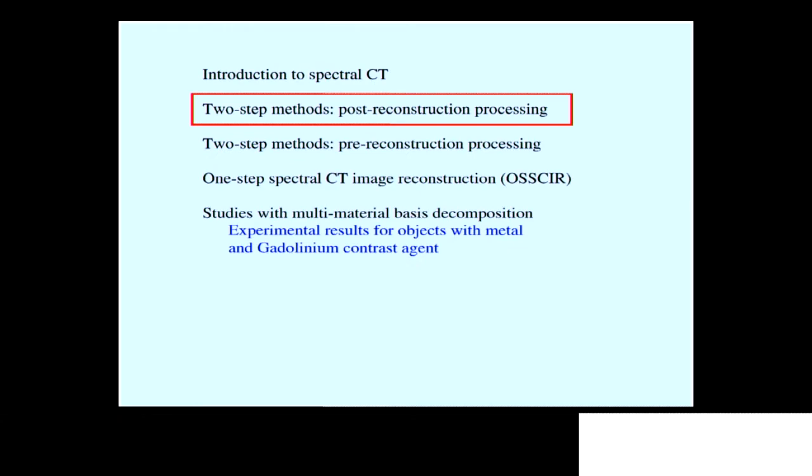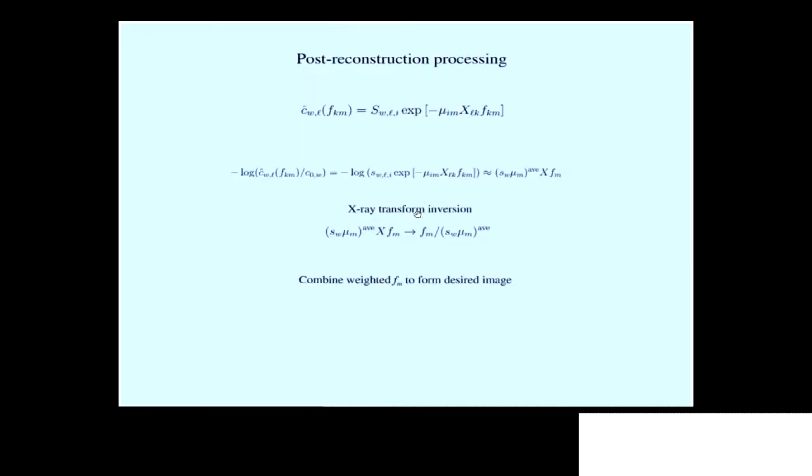All right, so I'm going to run through the methods now. By far the most common approach used clinically is this two-step method with post-reconstruction processing. If you're going to approach this problem, this is probably the very first thing you would try, because you already know that CT works, right? With that old model, we know we're getting decent images. So what's the closest thing to what we were doing before that we can do now?